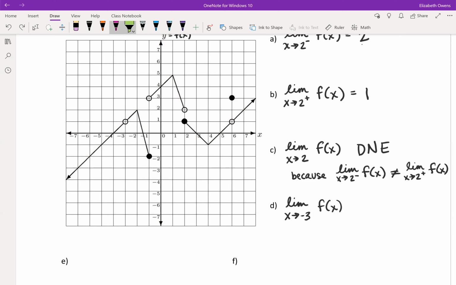So we would want to approach x equals -3 from both sides. So put one finger on one side of x equals -3, put your other finger on the other side, and then trace along the function and see where those fingers end up.